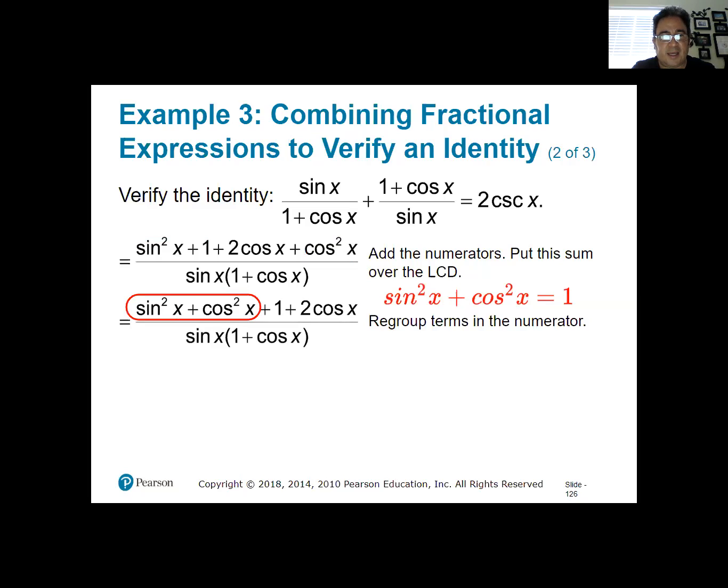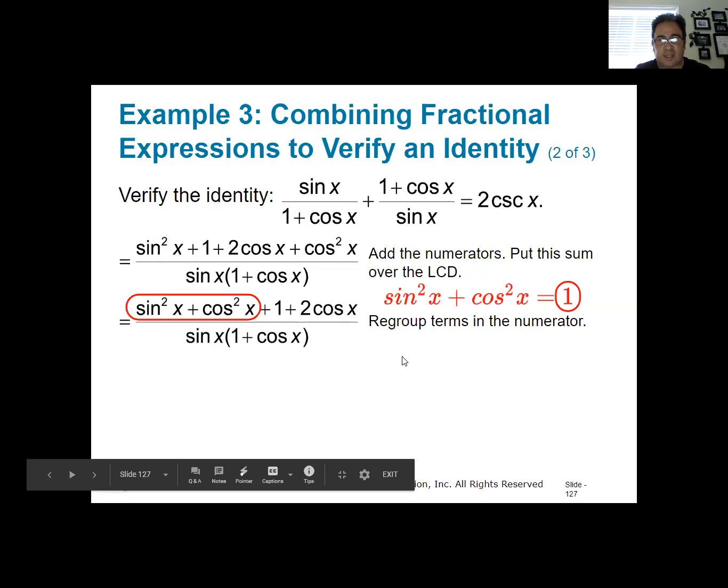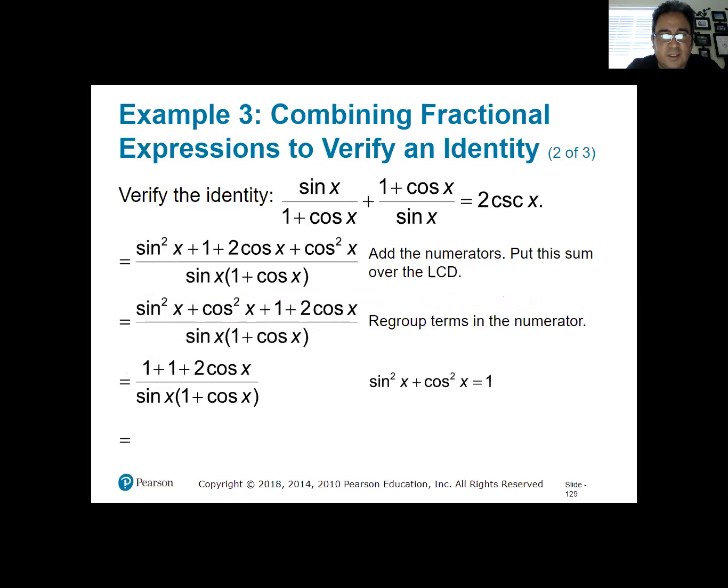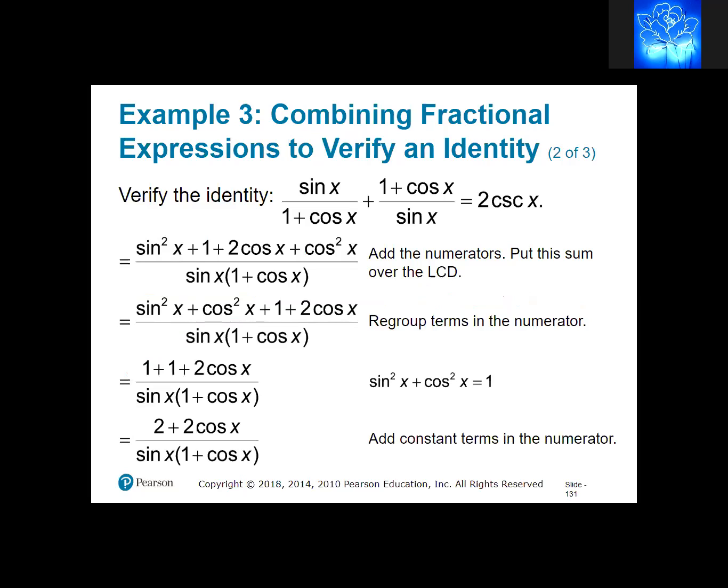So I'm going to take that and replace that with a 1. And 1 plus 1 is 2. Right? It's looking better.